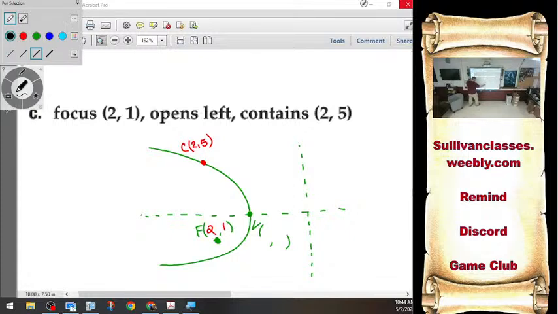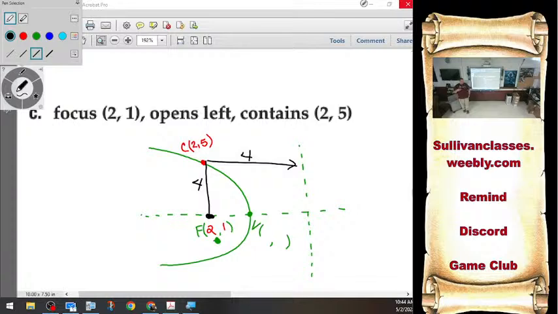That distance of 4 is also the distance back to my directrix. Not drawn to scale. So, what's 4 to the right of (2, 5)? (6, 5).